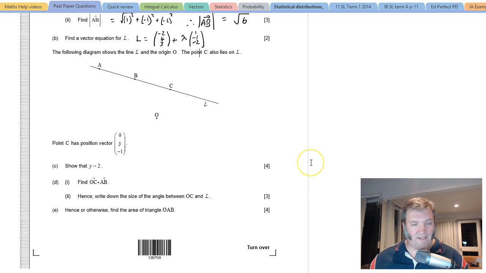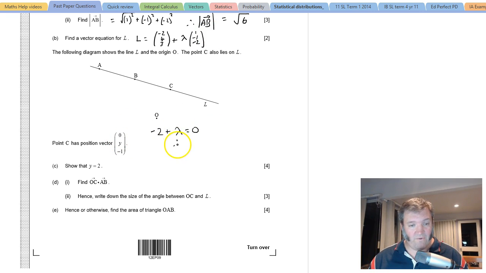Well, we need to use that last equation that we had, and we're going to work out what value of lambda they're using. So, just taking the x-coordinates, I know that -2 plus lambda has to equal 0. -2 plus 1 times lambda, that will give me the x position, and I know the x-coordinate for this one is 0.